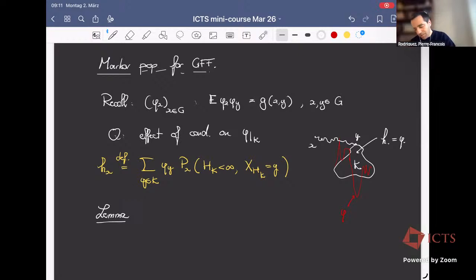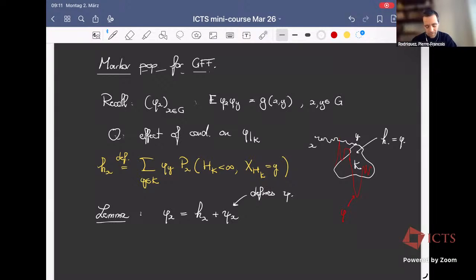Now you can state the Markov property for the field conveniently in the following way. Suppose that I define phi x to be h_x plus psi x. The way you should read this is that I have defined h_x, I have defined phi x, and so this actually defines psi.